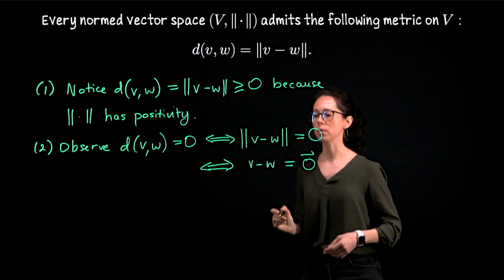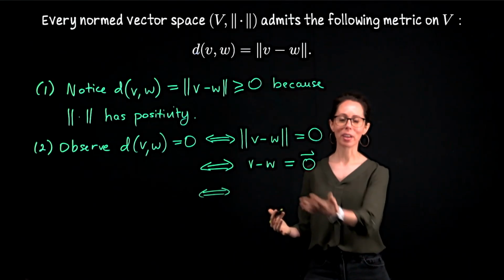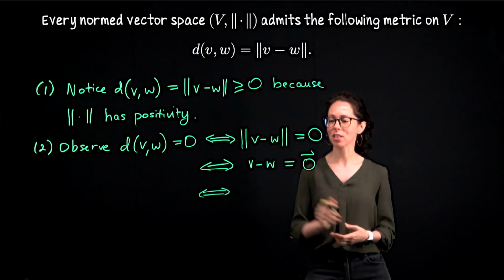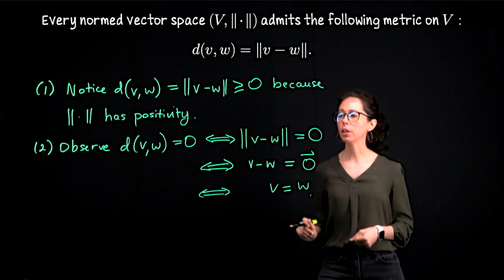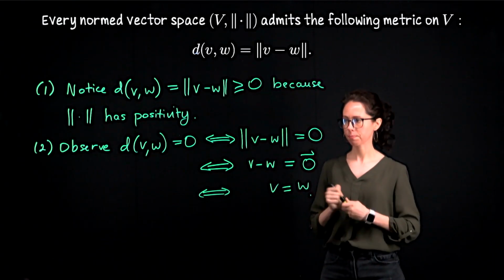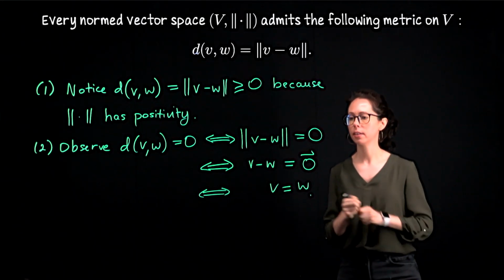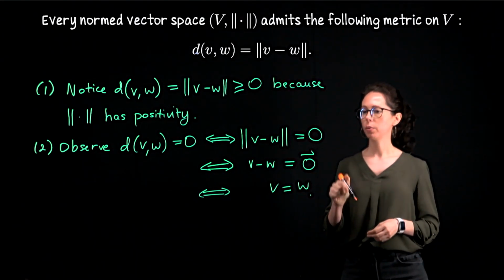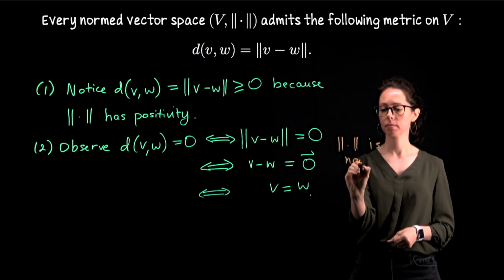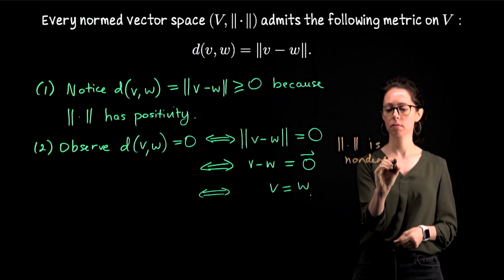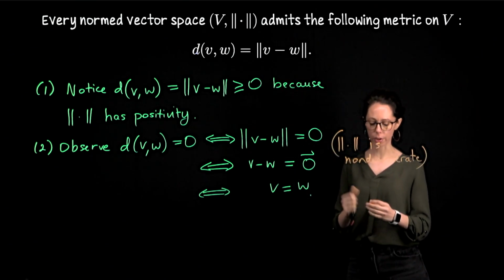So I can just add w to both sides, and that addition works if and only if because it's well-defined addition. So if I swing w over to the right-hand side, we get v equals w. And that concludes our if and only if chain. I'm just going to write it off to the side: here we have, this is non-degenerate. Okay, that's not part of the formal proof. That's kind of a note to myself.